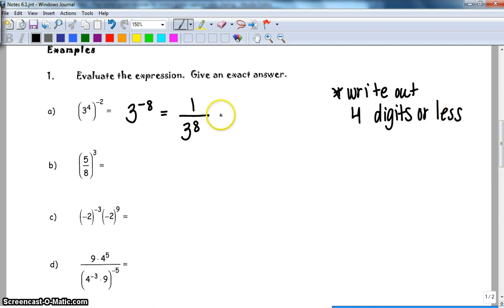So if you type 3 to the 8th into your calculator, you actually get 6,561. Since that's 4 digits or less, we will write it like this. If it's more than 4 digits, we will leave it as a power.